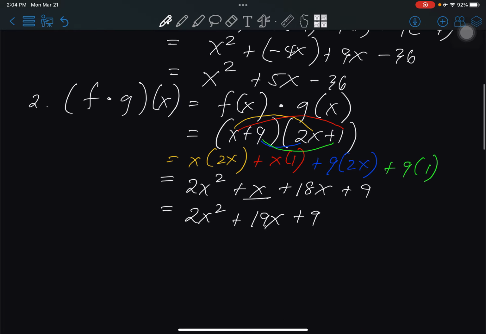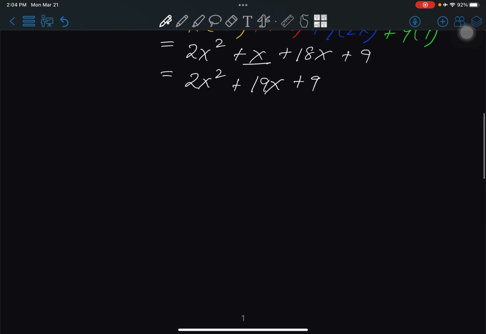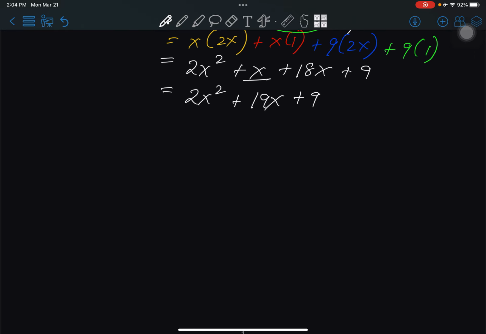Okay. Then let's have another example. What if we have f of x is equal to, let's say, 3x squared plus 8, then g of x is equal to, let's say, minus 6x cubed minus x.